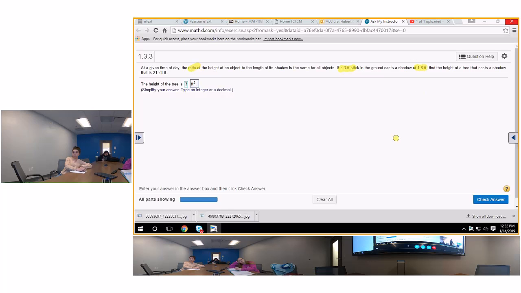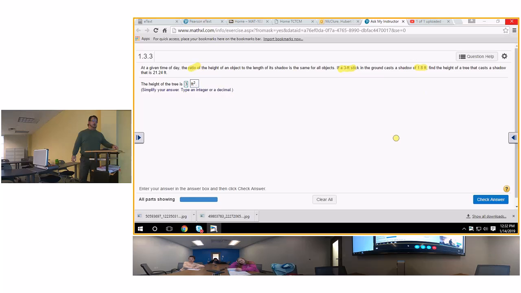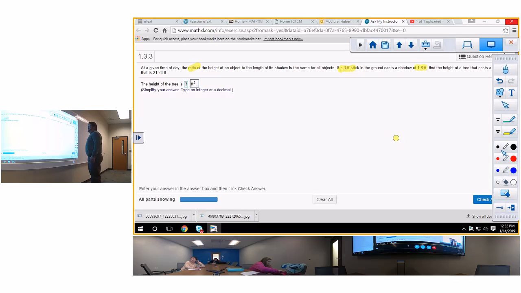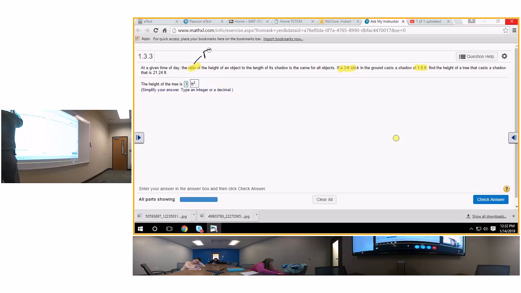Those are the 2 things I want you to hone in on, because that's going to set up your ratio. A ratio is a 25-cent word for what? Fraction. Okay? This means a fraction. So you know you're going to set it up as a fraction.